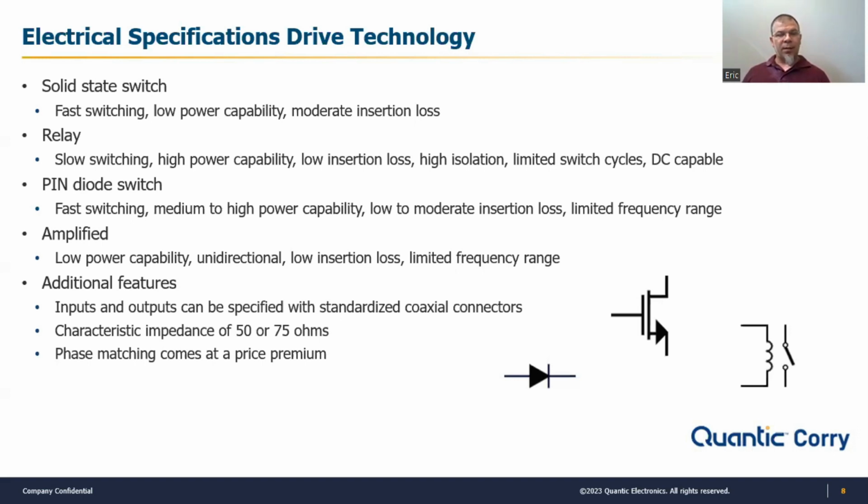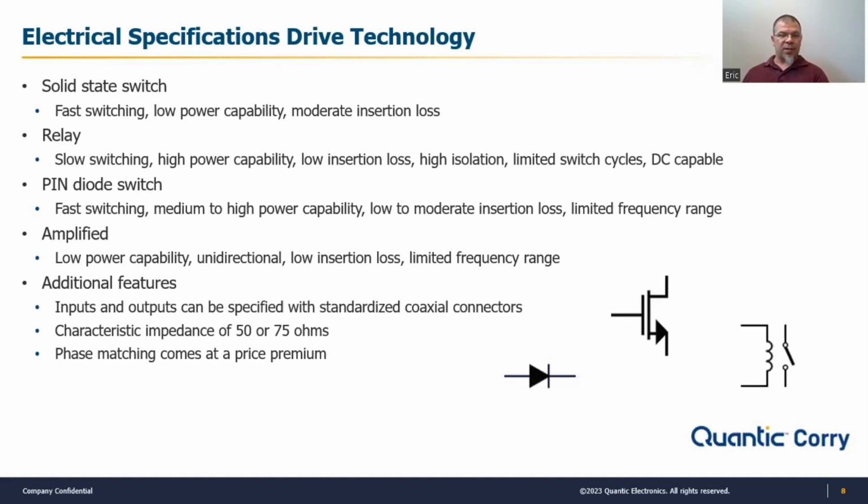And then the customer can specify what types of coaxial connectors they want. SMA, N-type. Those are two popular coaxial connectors, and characteristic impedance of 50 or 75 ohms. And as I mentioned earlier, phase matching.